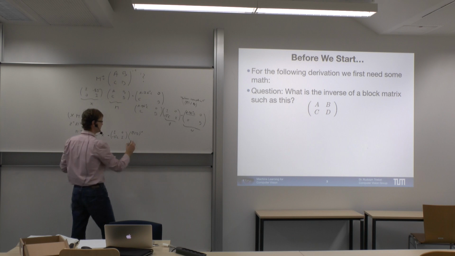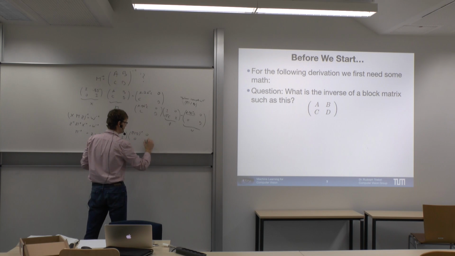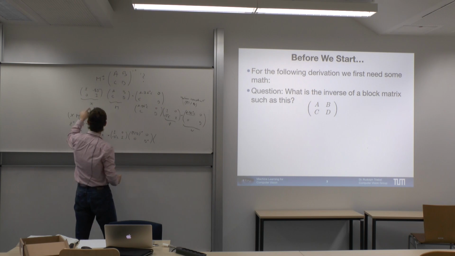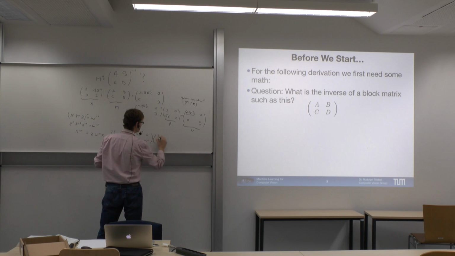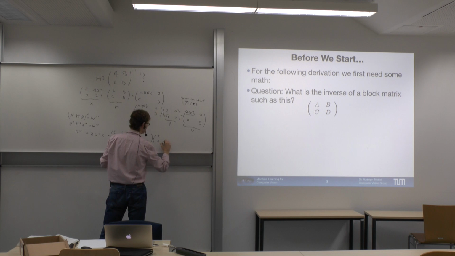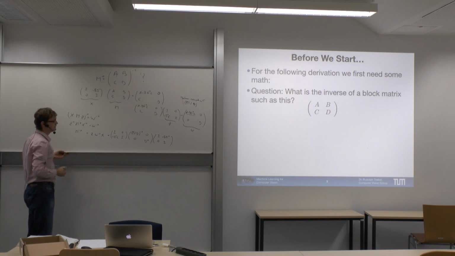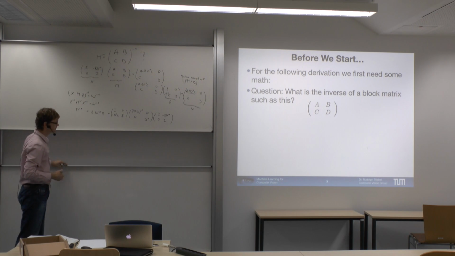We invert that thing, we invert that thing, and we still have to use X, which is here: minus B D to the minus 1. This is our expression now for the inverse of M.